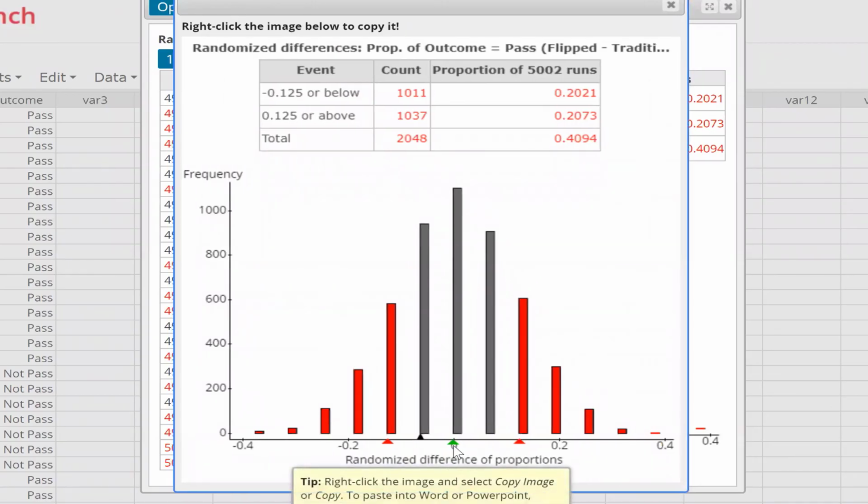It's centered about 0 because that's the statement in the null. There is no difference in the proportion of students who pass in flipped versus traditional. But also notice that there's natural variability in the distribution of sample proportions. That natural variability is what we have to account for using the standard error.